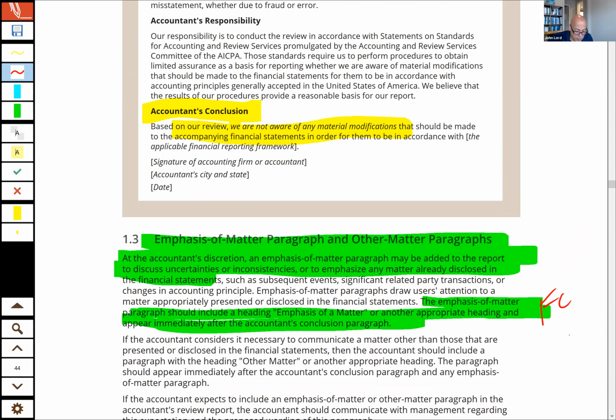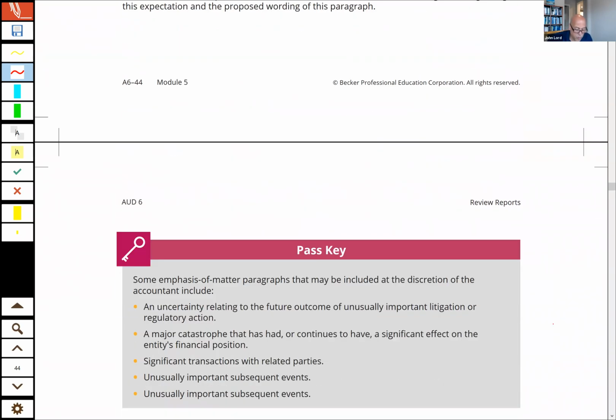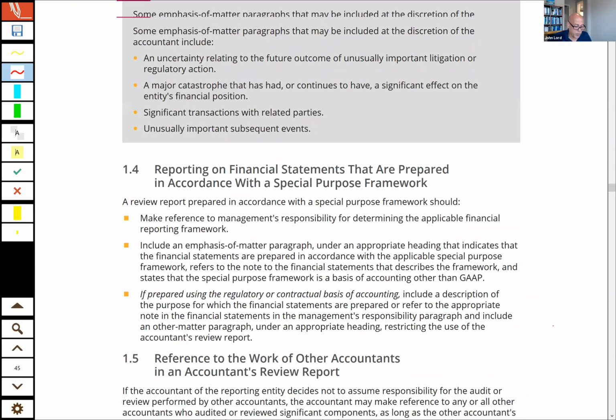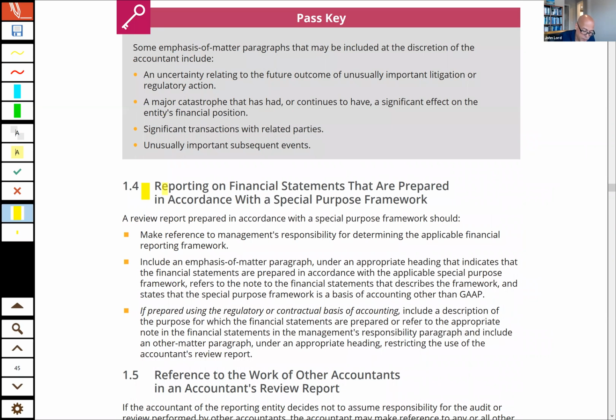If the financial statements were prepared in accordance with another applicable framework, such as the cash basis, then we have to include an emphasis of matter paragraph that indicates the financial statements are prepared in an applicable framework other than GAAP.